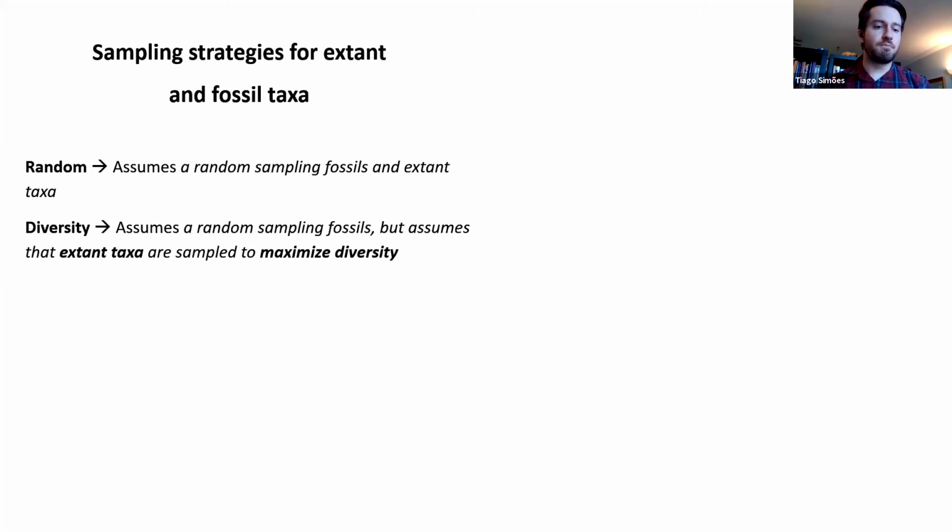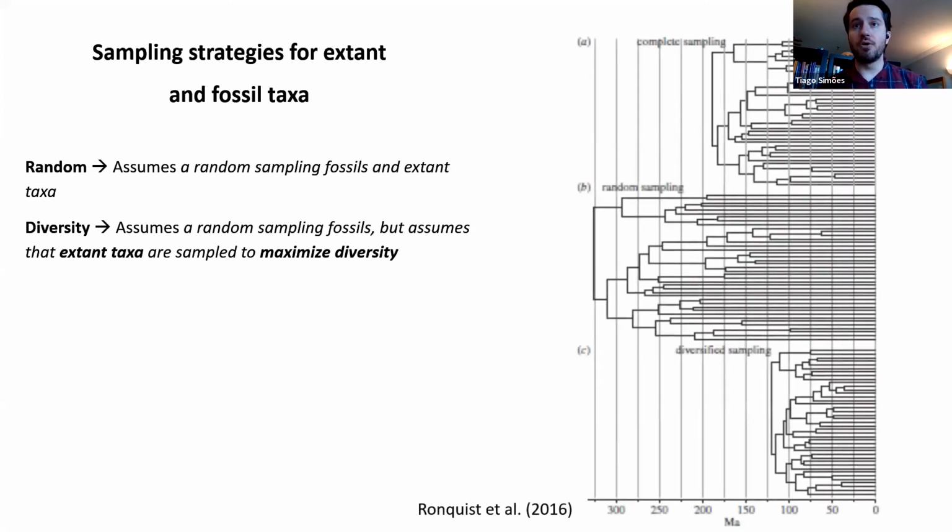Most such phylogenetic data sets have a taxonomic representation that is proportional to the diversity of each particular clade. Quite importantly, we know that such different assumptions have a huge impact on divergence time estimates and other estimates of macroevolution parameters.